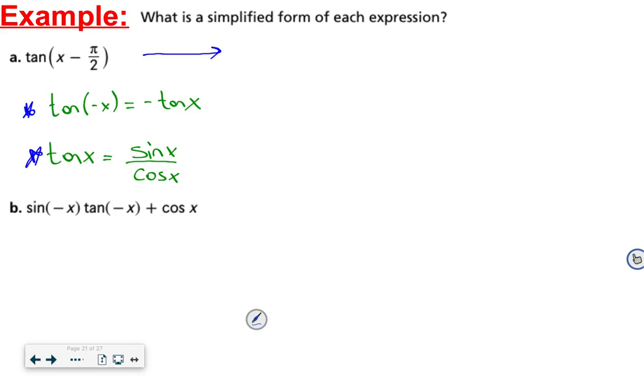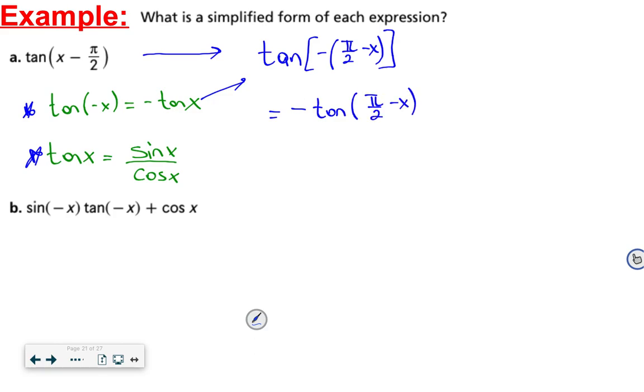First, can I write the tangent x minus pi over 2 as a tangent minus pi over 2 minus x? Can I do this? Yes, I can. Next, because of the odd function identity, this is going to become minus tangent pi over 2 minus x.